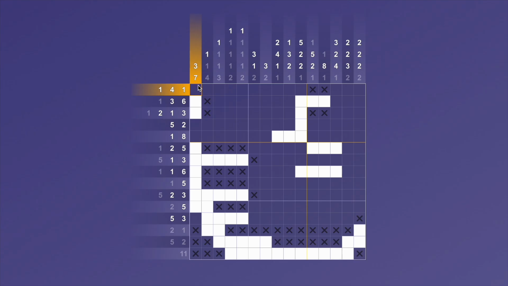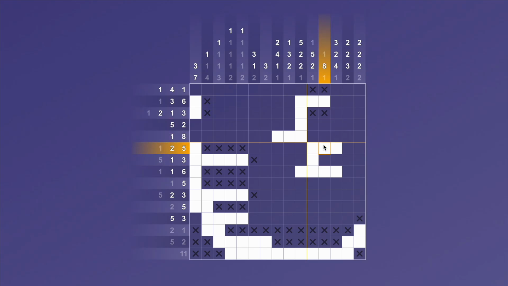Okay, let's look at the columns and see if I can figure anything out now. And I'm just going to look along here for a bit. 2, 4, 1, 1 through 2. Okay. Down here, this is part of a 5. If it started here, it'd be 1, 2, 3, 4, 5.